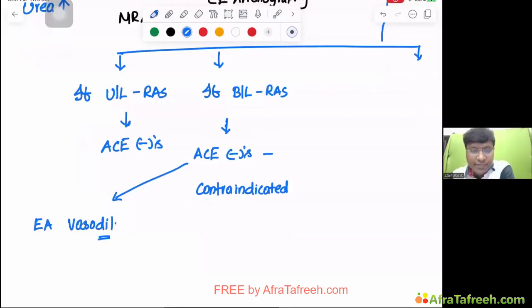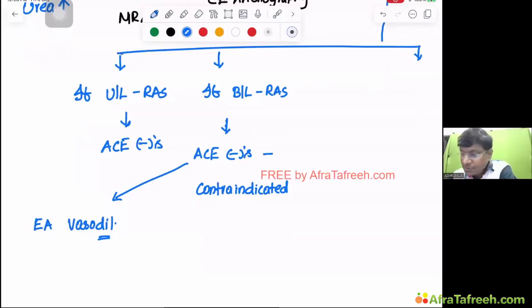So whatever small amount of blood is entering the glomerulus because of renal artery stenosis immediately enters your efferent arteriole because it is dilated. So the blood from the glomerulus enters the efferent arteriole, thereby the glomerular perfusion will be reduced. That is the reason why in bilateral renal artery stenosis, the ACE inhibitors are contraindicated.